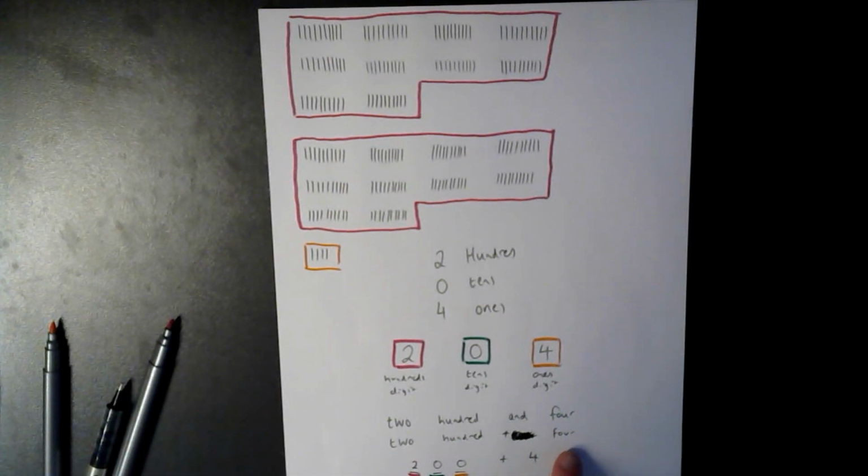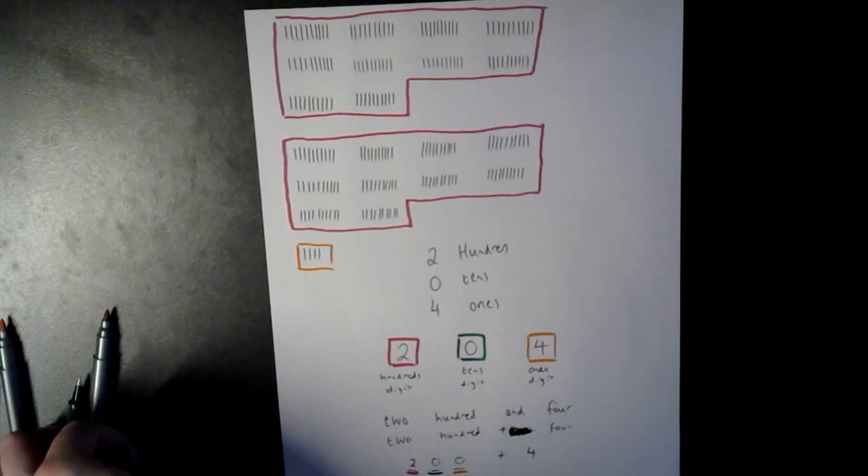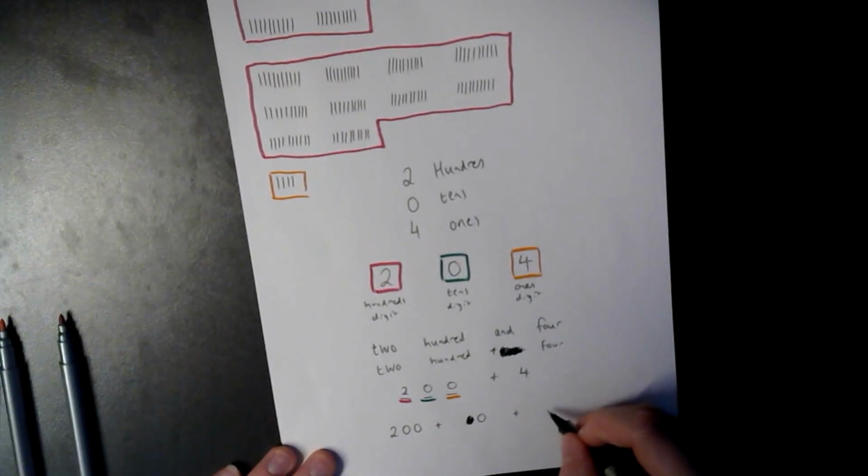So 204 is 200 plus 4, or it could also be written as 200 plus 0 tens, which is 0, plus 4.